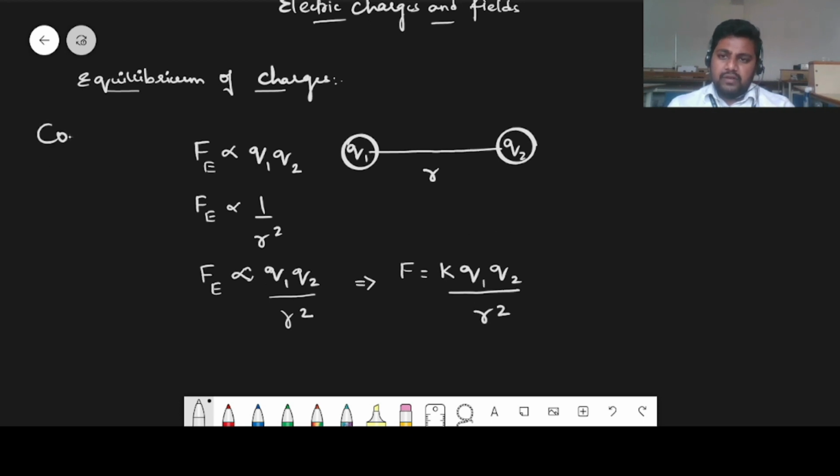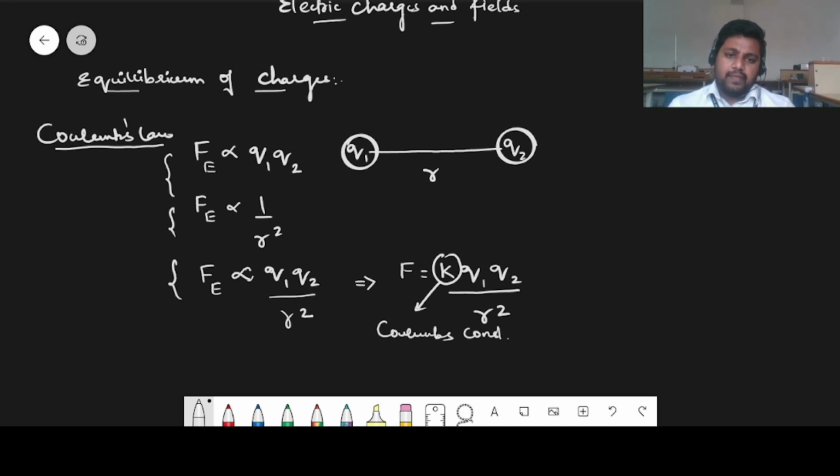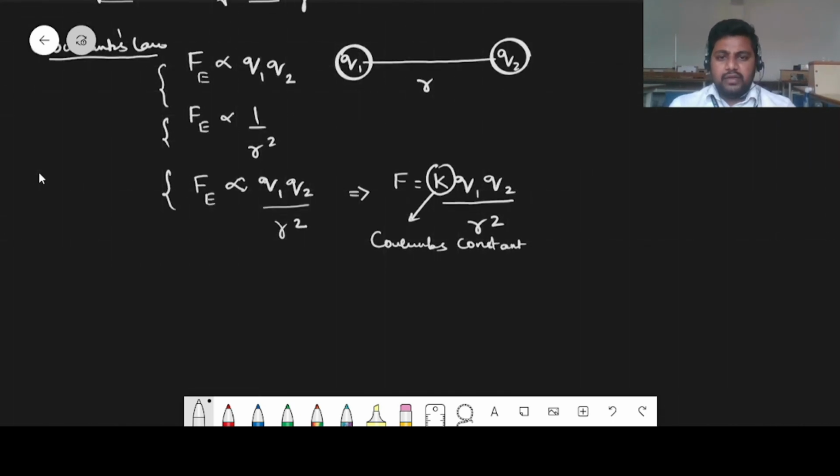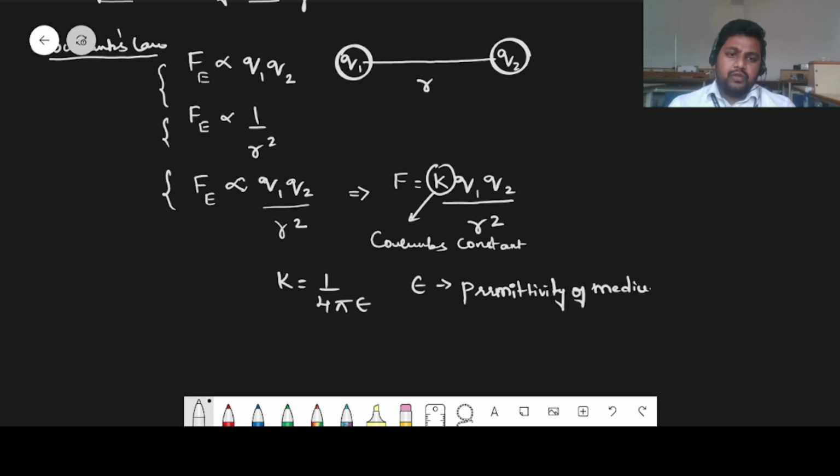According to Coulomb's law, this is how the forces are proportional. This constant is called Coulomb's constant. The value of k is written as 1 by 4 pi epsilon, where epsilon is the permittivity of the medium.